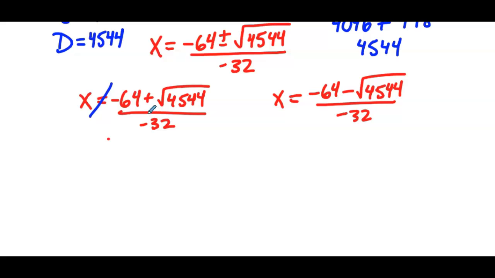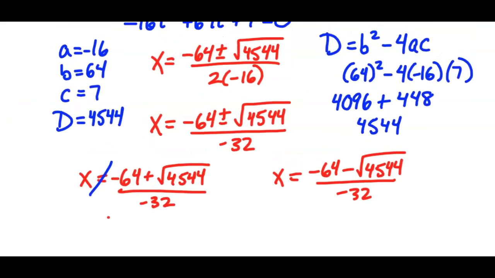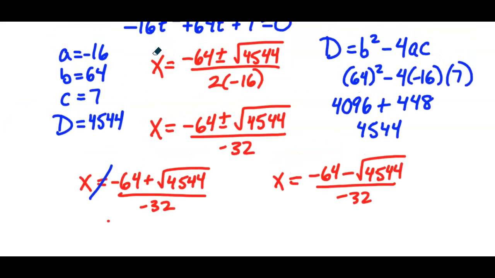In the context of the problem, it doesn't make sense. We don't have a negative time where this hits. And actually, looking at my work, good thing I caught it. These aren't x values in this particular problem, so let's change those quickly. That's going to be t, t, t, and t.